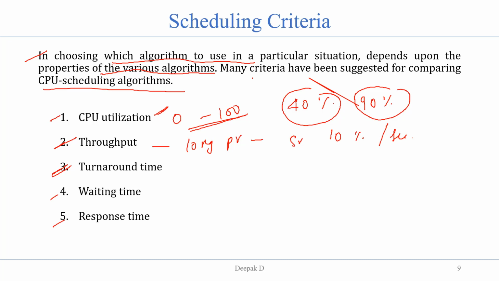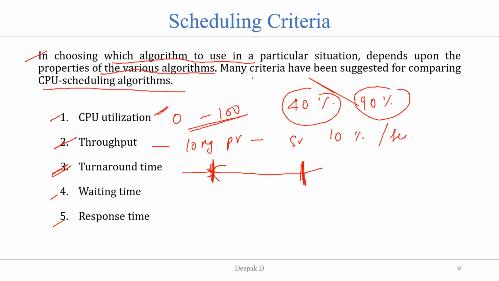Remember, it is the interval from the time of submission of the process to its completion. That is, from the time the process is submitted for execution until it completes and terminates.